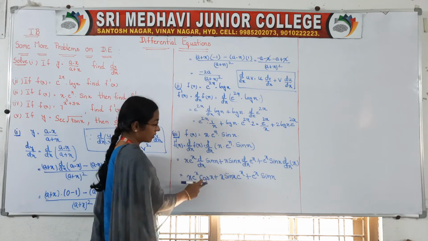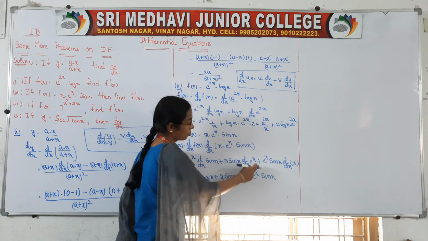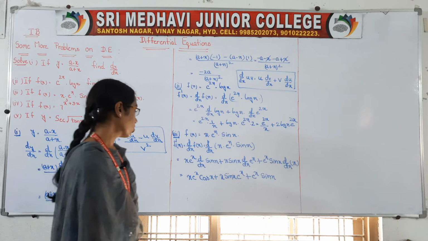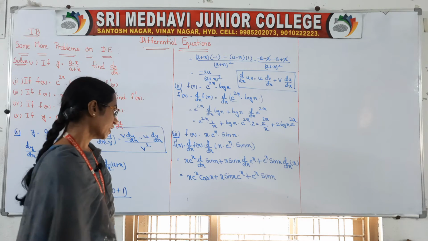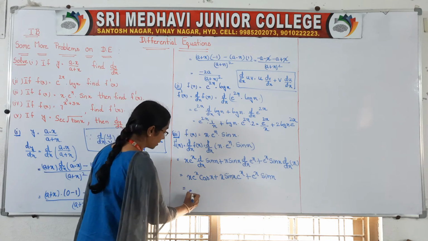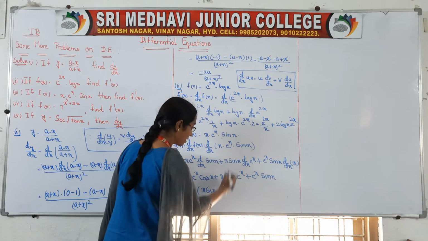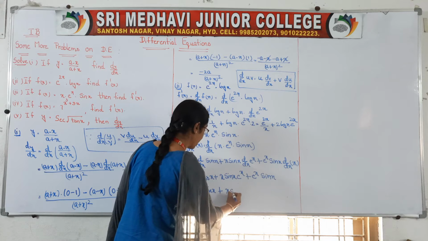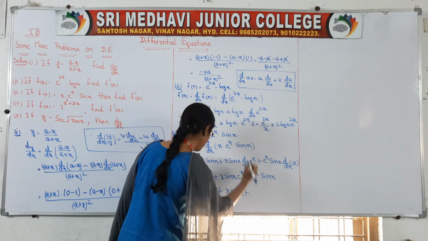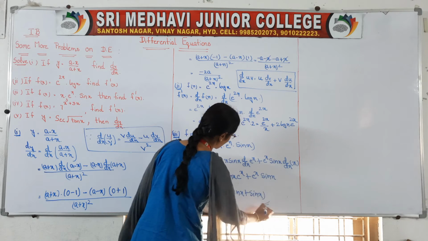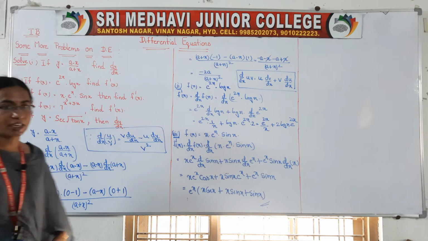D by dx of sin x is cos x, d by dx of e to the power of x is e to the power of x, d by dx of x is 1. Okay, so any common term can be taken. You can take e to the power of x outside. Then it is x cos x plus x sin x plus we can take sin x. That is the answer of your third question.